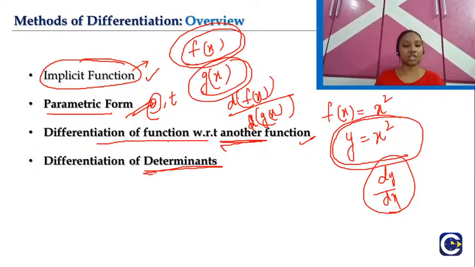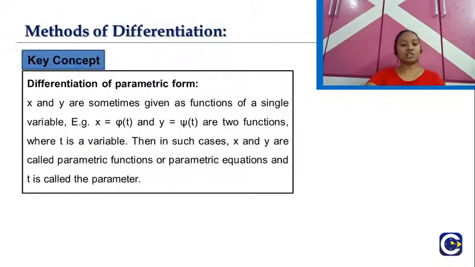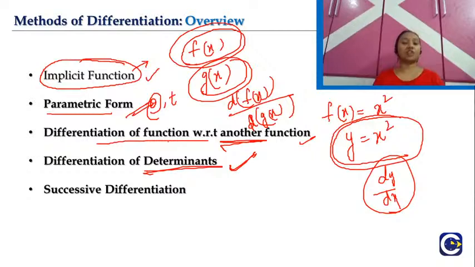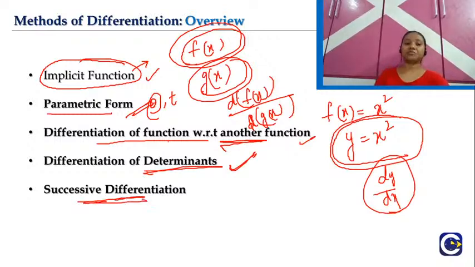In the same way, the procedure of differentiation will also be different for determinants compared to regular functions. So here we are going to learn how to do the differentiation for any given determinant. And the last topic for our methods of differentiation and for today's session is successive differentiation.